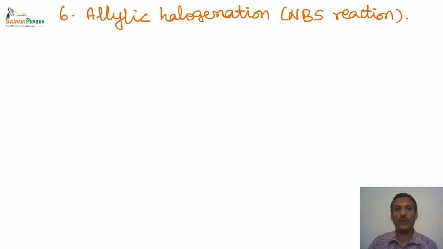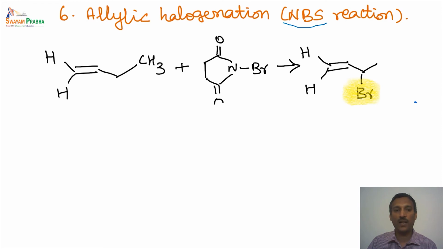Let us look at a simple example of bromination itself here. So this is the allylic halogenation. Basically, allylic bromination is a reaction which we are going to look at right now. In this case, an alkene reacts with N-bromosuccinimide to give the corresponding bromo derivative, but the bromination does not take place across the double bond, but at the allylic position.